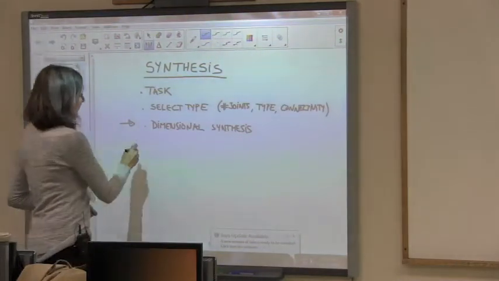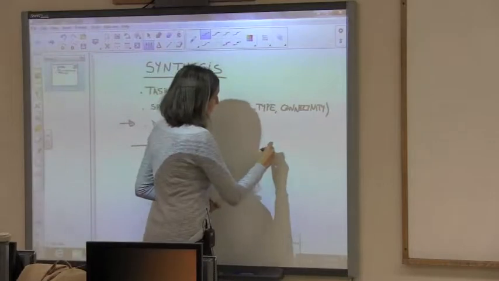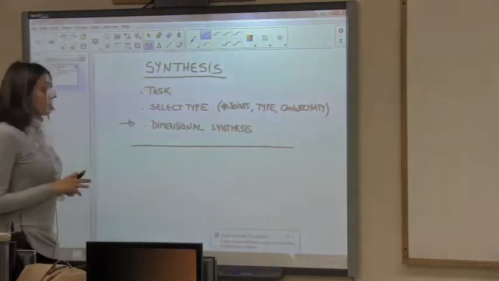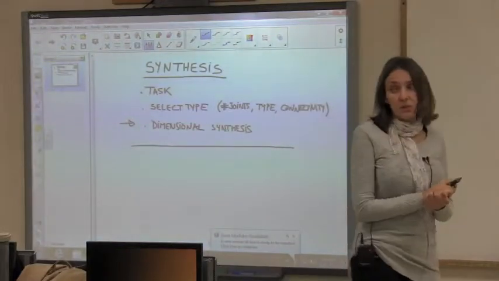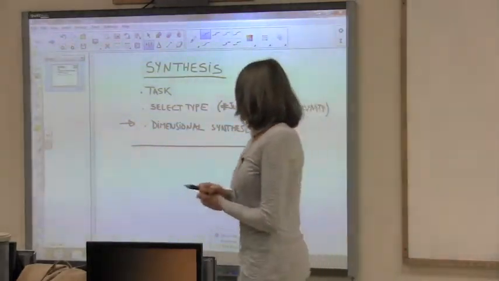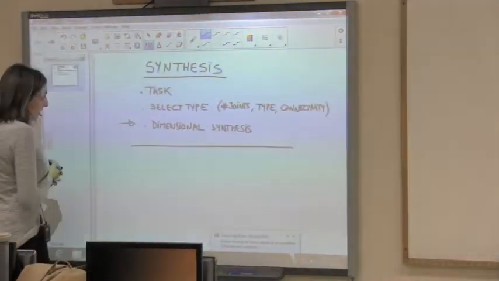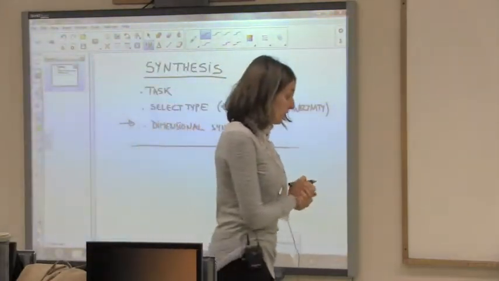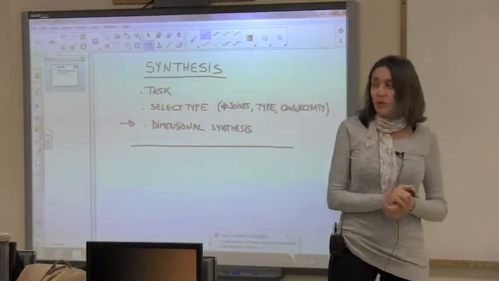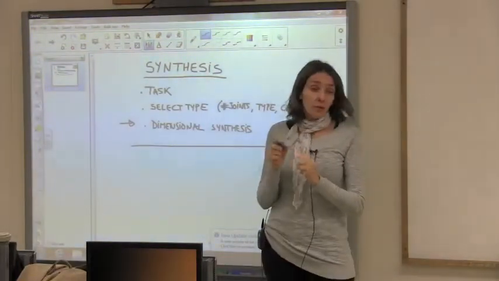But before doing that, I just want to talk a little bit about why we do this and when this is important. So basically, this dimensional synthesis problem and procedure is important for systems that have a few degrees of freedom.